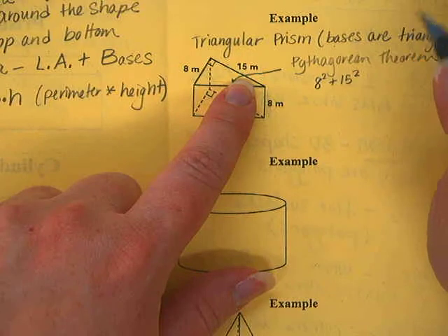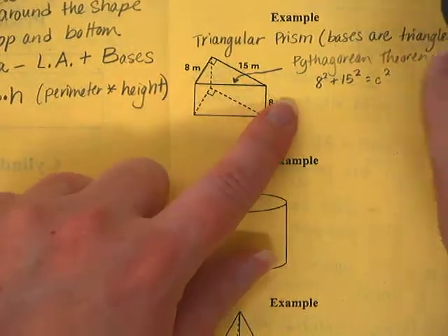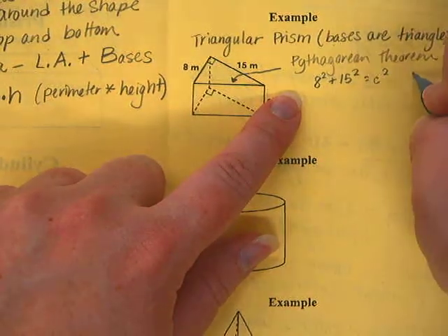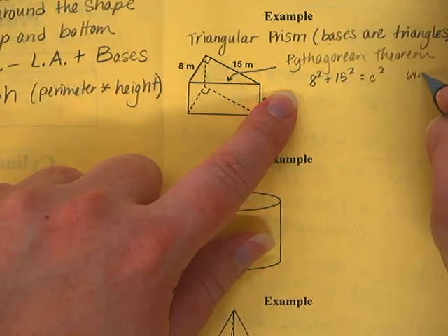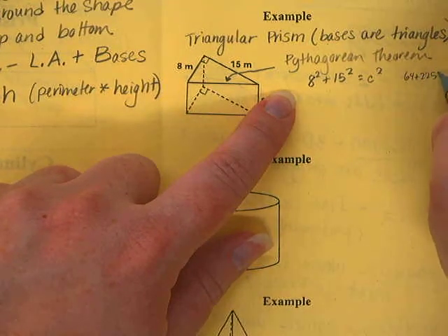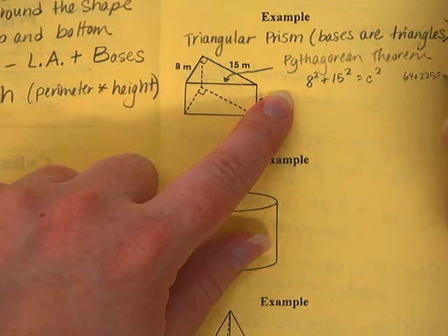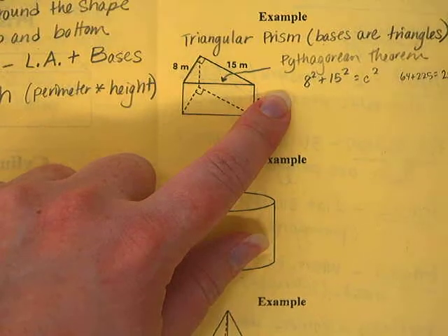Okay, so Pythagorean Theorem is 8 squared plus 15 squared, because those are the two legs, right? A squared plus b squared equals the other side, c squared. So we square those, we add them together. So that'll be 64 plus, what's 15 squared? 225? Okay.